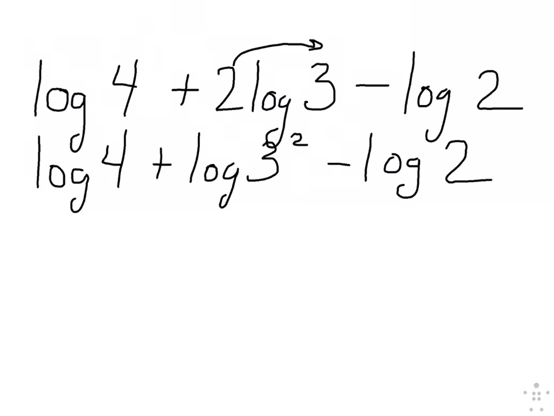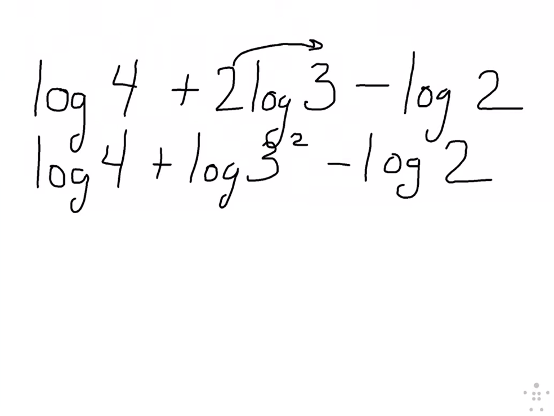Now, go left to right. So with the first 2, what symbol is in between them? A plus sign. Addition is the same as what? Multiplication. So here's what happens. When you combine it back, when you're condensing it, you drop one of the logs off.